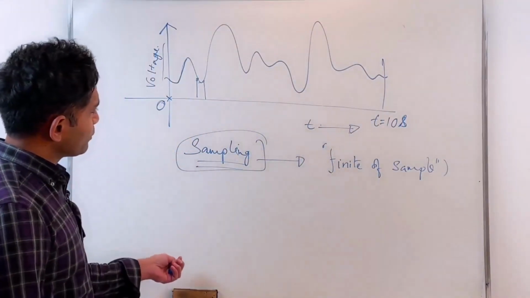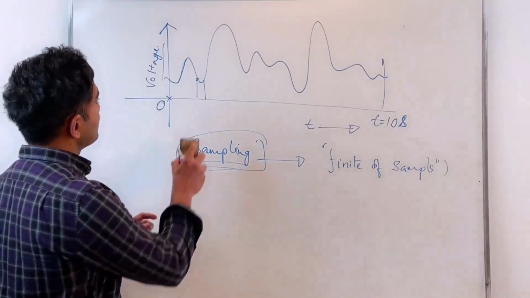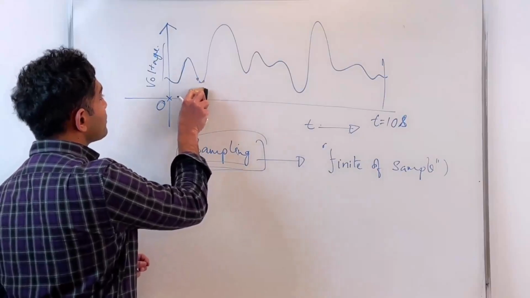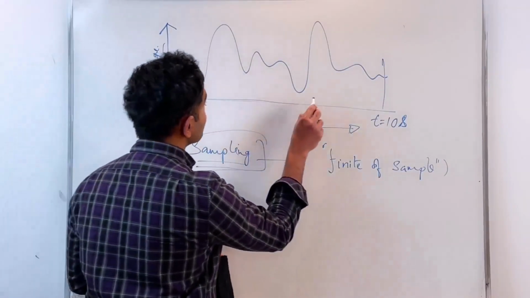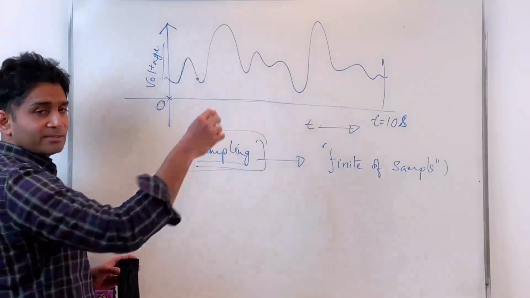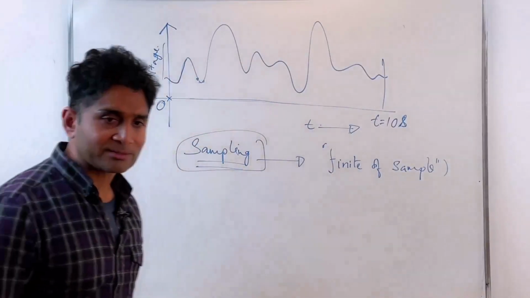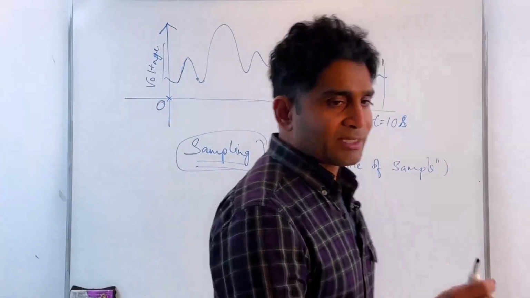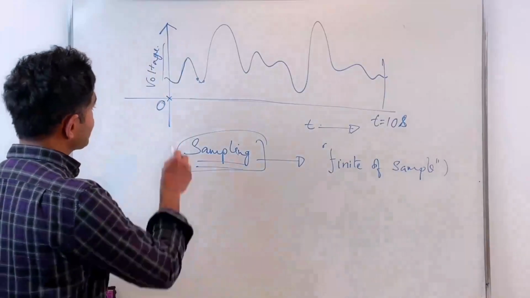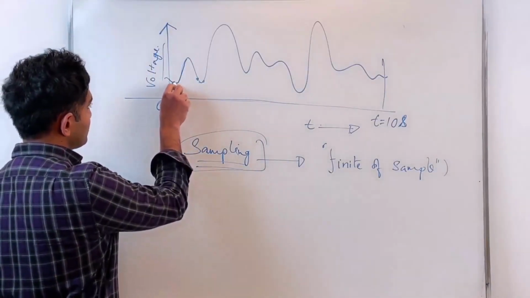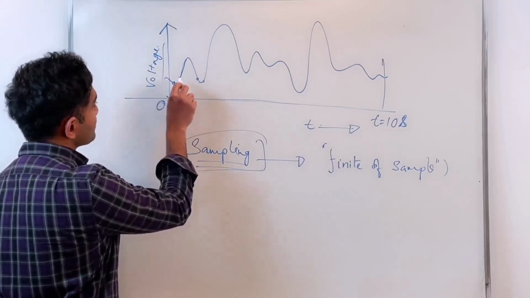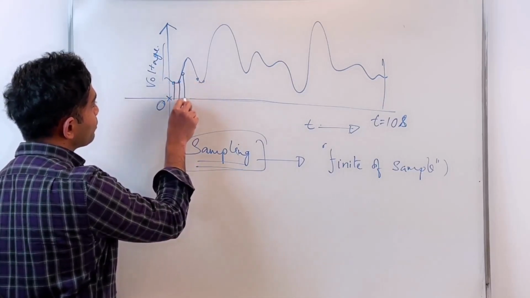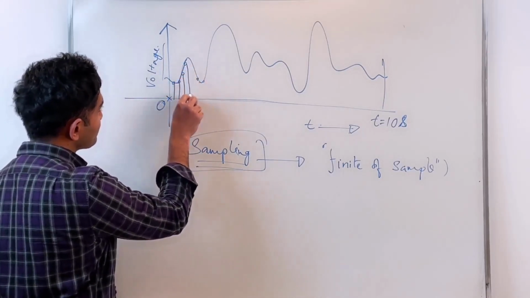What do I mean by sampling? Again, for the non-electrical majors, what it means is, instead of taking all the points and trying to store all the points, I would just take a few points spaced apart. Okay. So I will take a point here. I will sample it at a frequency so that I don't lose the content of the signal itself.